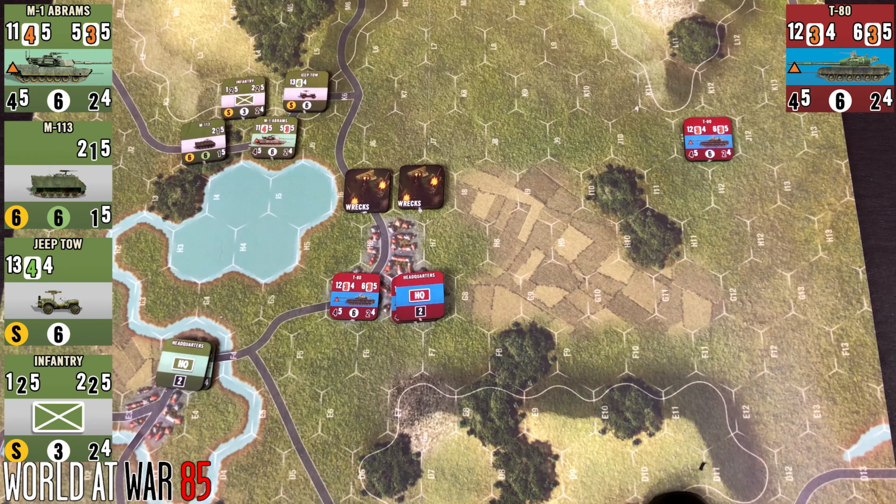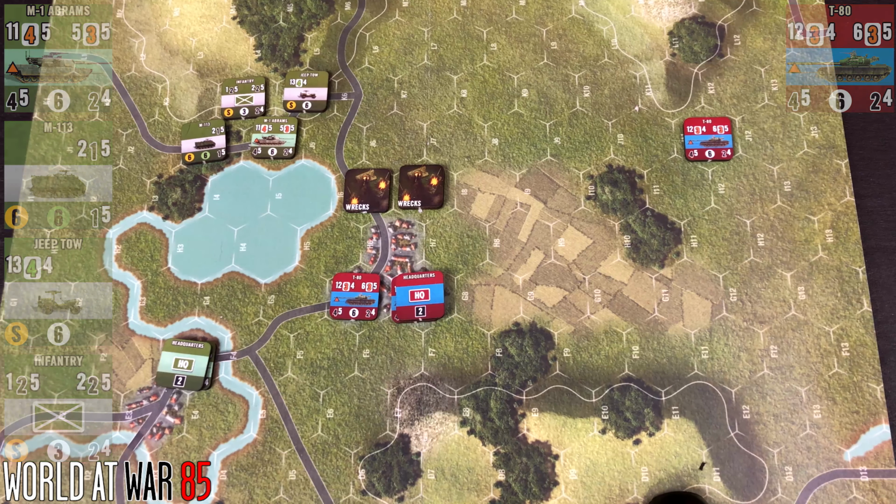So when it comes to line of sight, there are so many different circumstances that can pop up depending on where your units are located, what type of terrain that you're fighting on, that I can't give you an example for every different one that you're going to see, but we're going to go over a few generalities that you'll see in some of your games. Make sure you look at your terrain effects chart. It will list down the different types of terrain, whether they obstruct or block line of sight.